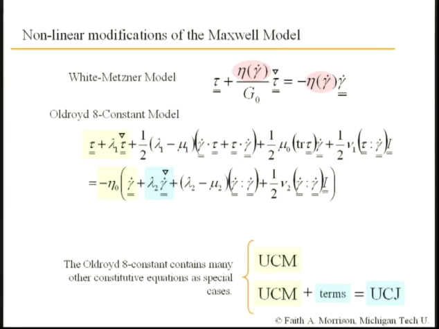So here's a term with rate times stress. Here's the trace of the stress. And these terms may not look familiar to you, but if you use the advanced techniques of Oldroyd in tensor calculus, you can show that this very complicated equation takes care of all of those linear or at most quadratic terms in shear rate.